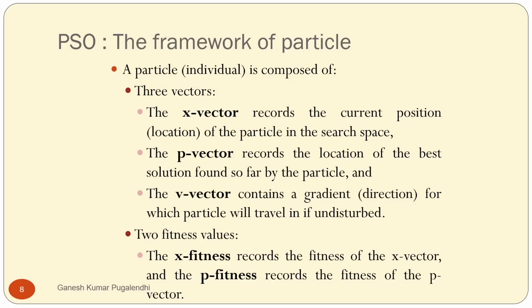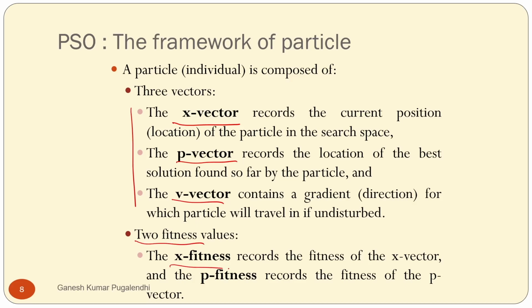So the framework of the PSO particle is that each particle consists of three vectors. One is the x vector, which records the current position, another is the p vector, which always records the best position so far by the individual, and the v vector is nothing but its own velocity. Now you have to calculate two fitness values.